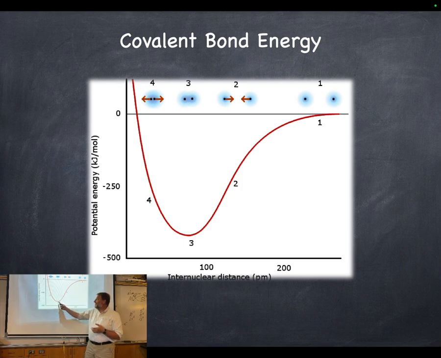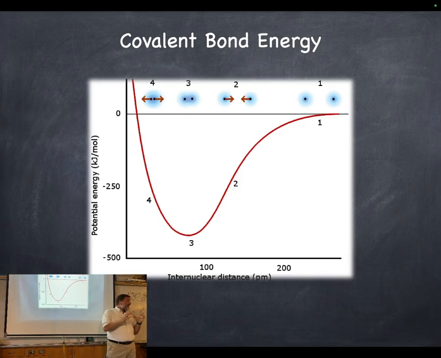Now, that was describing what happens as the atoms come together and we reach this minimum point. If you start shoving the atoms closer together, we start climbing this end, and you can see the energy goes back up quite steeply.